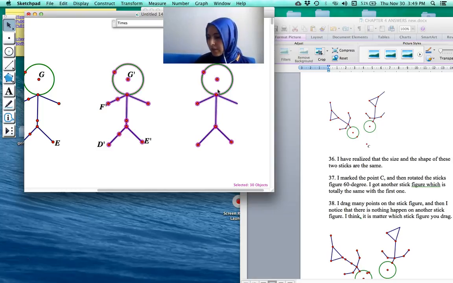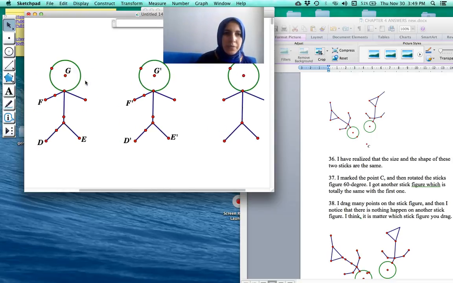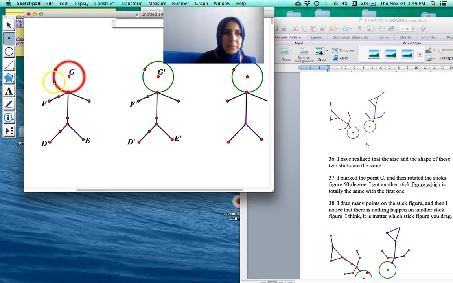And question 6 says, drag a point on the pre-image stick figure. Which other points move? Explain. Drag a point on one of the image stick figures. Which other points move? Explain. Okay, drag a point on my image or pre-image, as you see.